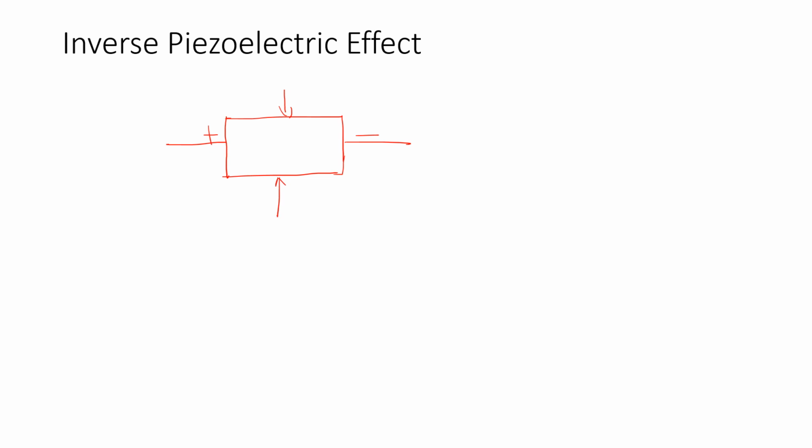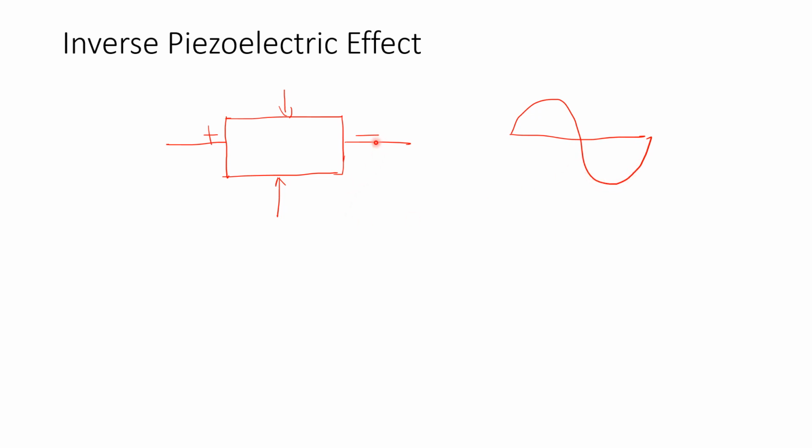Now, instead of steady electric field, we are applying alternating electric field. So what will happen in the first half cycle? In this first half cycle, say this terminal is positive and this end of the plate is negative. So in this direction, say we are getting compression. But in the next half cycle, what is going to happen?